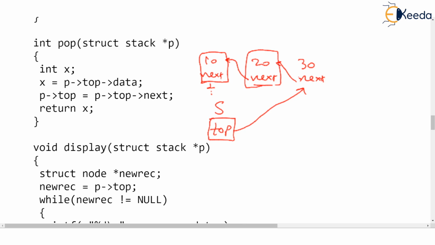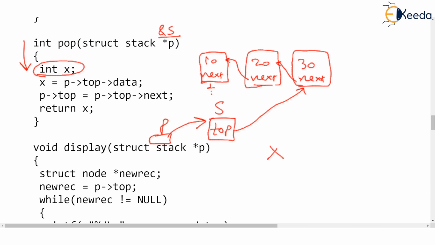So come on now, just inspect this pop function and see how these statements will get executed. Now observe that p stores the address of s, because that's the parameter passed. So p points to s. We have declared one local variable x. So x is a new variable I am writing down here. And what we are doing is we are saying p arrow top arrow data.